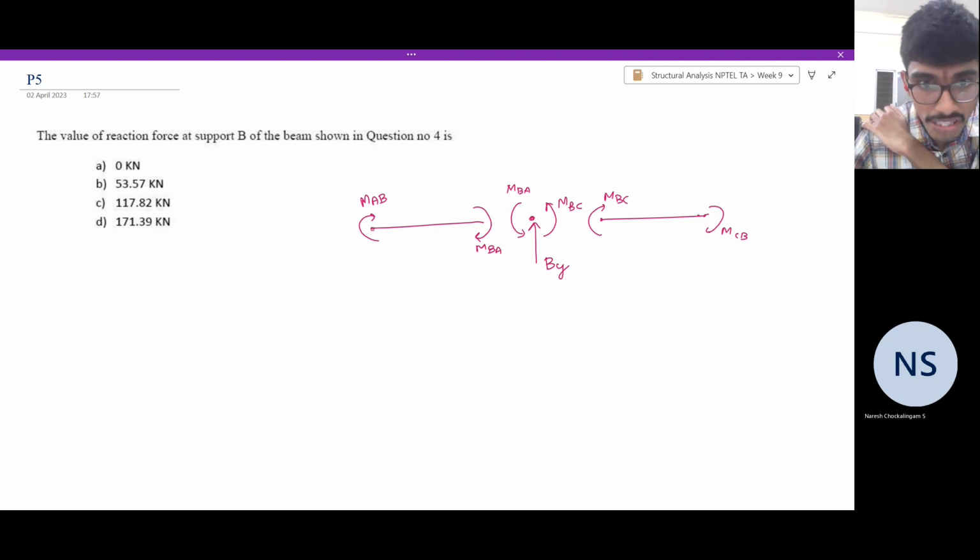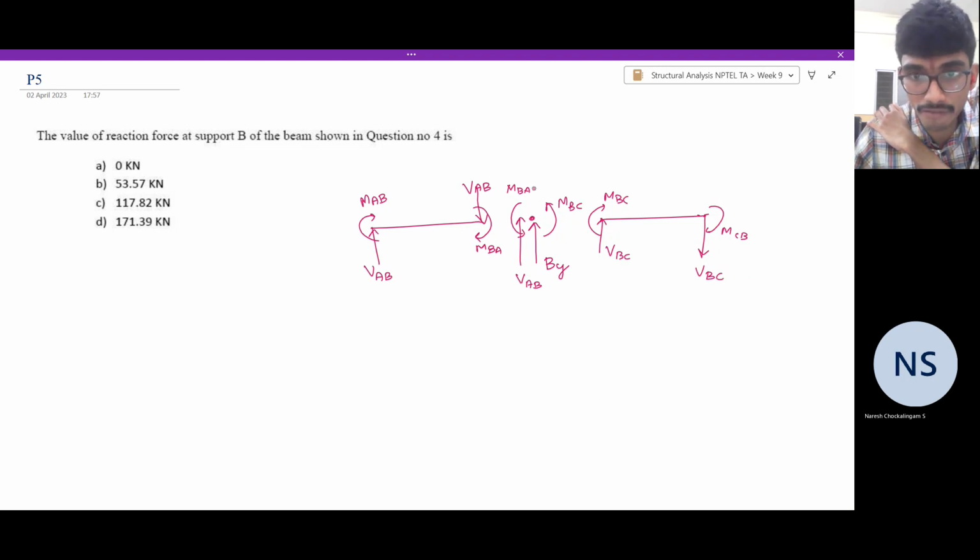In addition, we also have the shear force in beams. Using our usual positive sign convention, it is VAB, the shear in the span AB. That will also act equal and opposite on the joint. So here you have VAB. Here you have VBC, downwards as per our positive sign convention.